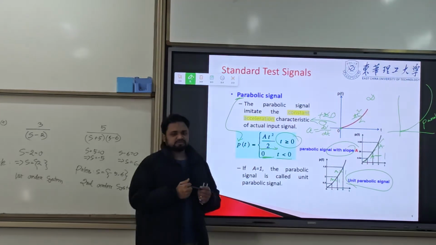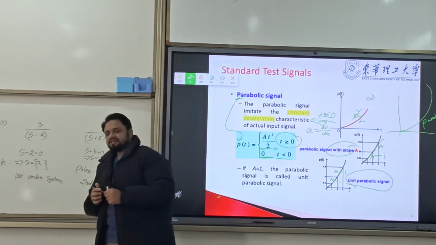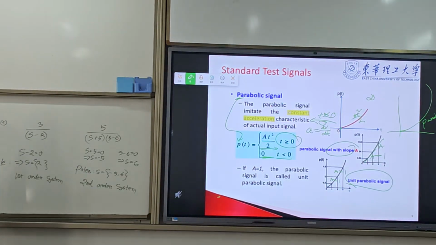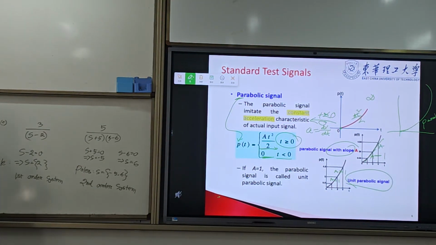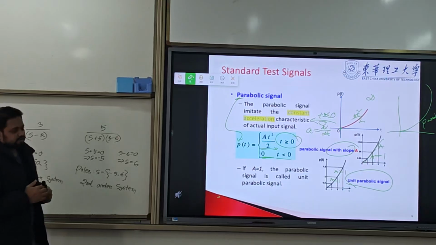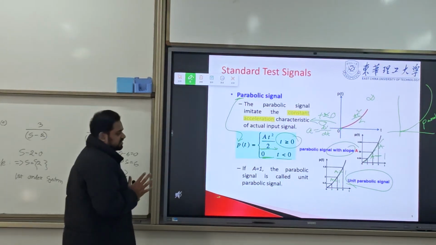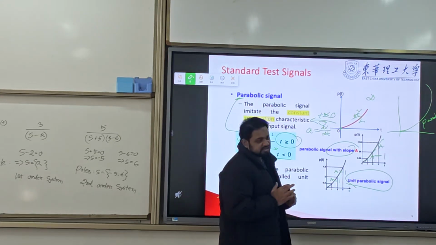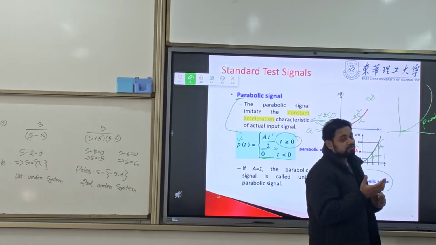4 different signals as we have seen. Impulse, step, ramp, parabolic. We need all these signals. That's why we need to discuss the signals before we study the time domain analysis. We will use all these signals as an input.